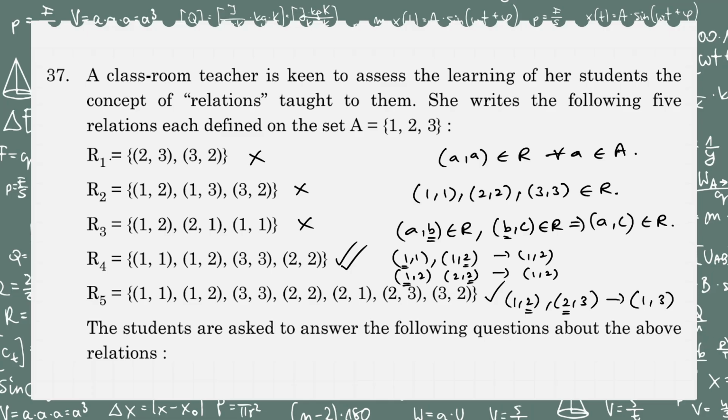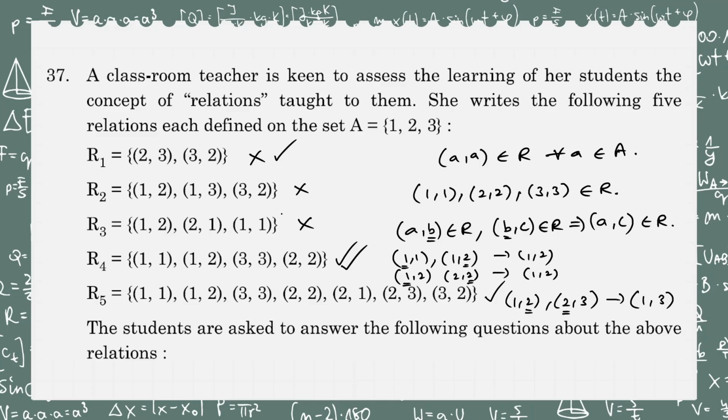R1 is obeying symmetric property because it has only two elements. 2, 3 is there. Its mirror 3, 2 is also there. So R1 can be considered. And check R2. 1, 2 is there but 2, 1 is not there. So symmetric property is not obeyed by R2. And R3 can be considered because 1, 2 and 2, 1 both are there. 1, 1 is self symmetric.